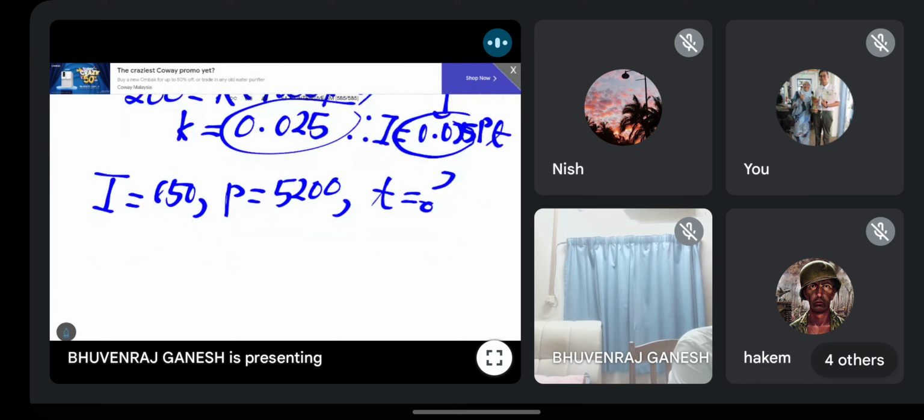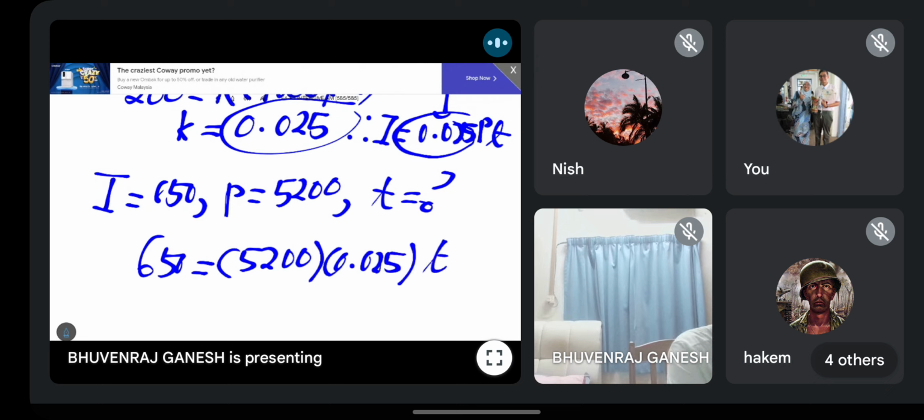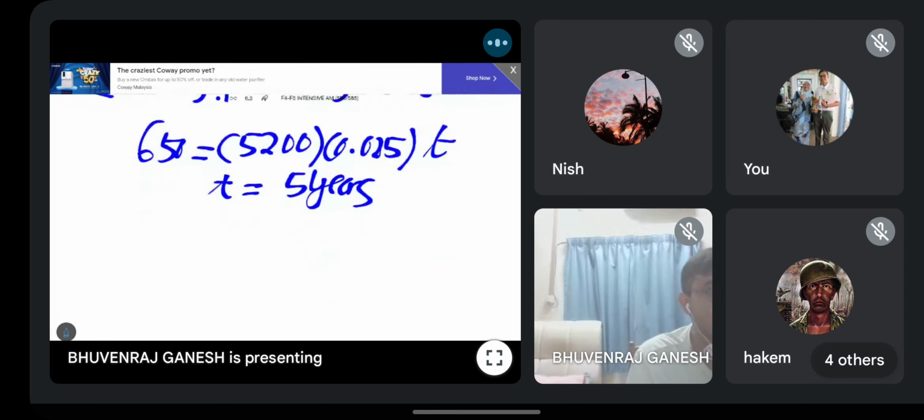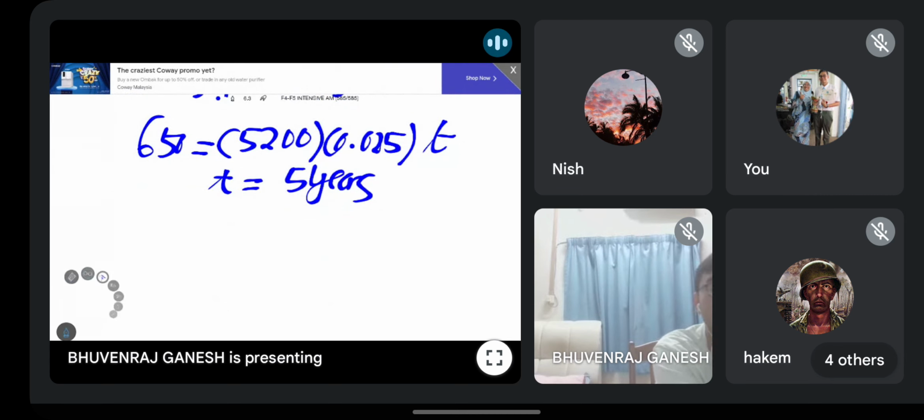So, you have 650 equal to P, R, R is 0.025, T. T nak cari. Okay, so if you count and see, T akan sama dengan 5. 5 tahun lah, 5 years. Okay guys, understand? Boleh faham? Should be able to lah. Okay, so this is for part A.